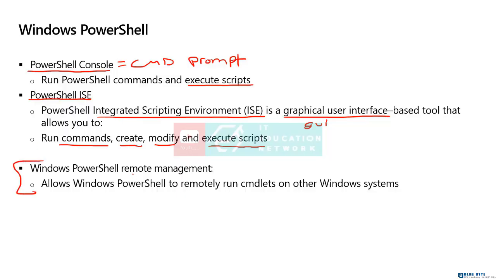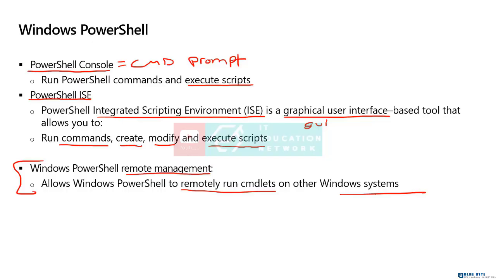PowerShell also has remote management capability. This allows you, from your local machine, to remotely run PowerShell commands on another system, and they would execute as if you had run them locally. Now, that is useful for a lot of things. I often use that for inventory.